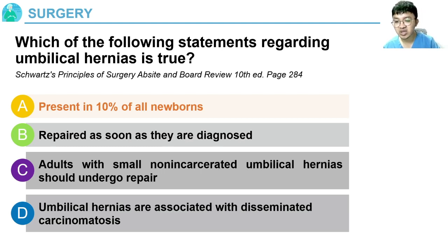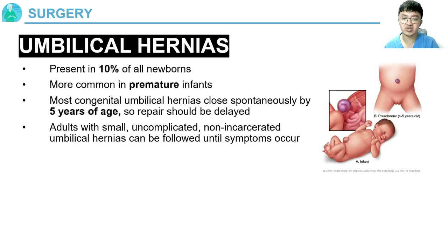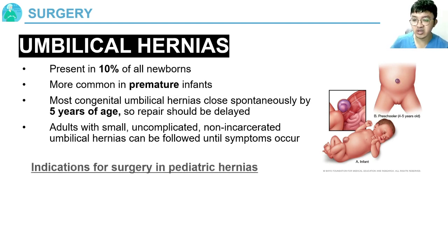Umbilical hernias are not associated all of the time with disseminated carcinomatosis. So again, umbilical hernias occur in 10% of newborns, are common in premature infants, and usually resolve by the age of 4 to 5 years, so you may wait until that age before offering surgery. Adults with small uncomplicated non-incarcerated hernias can be followed up until symptoms recur.